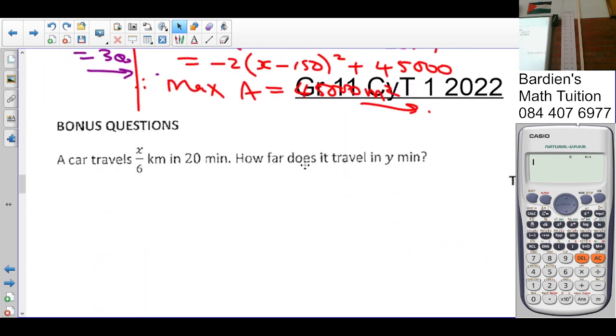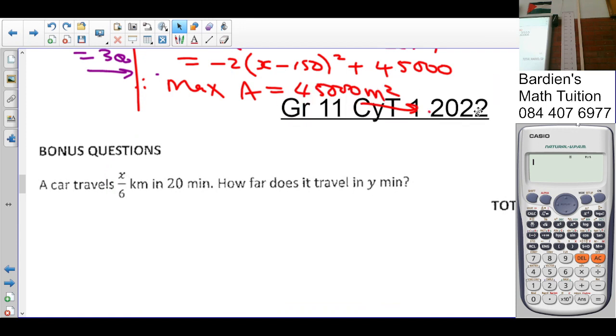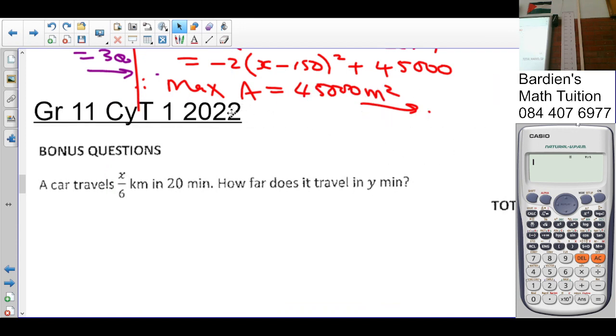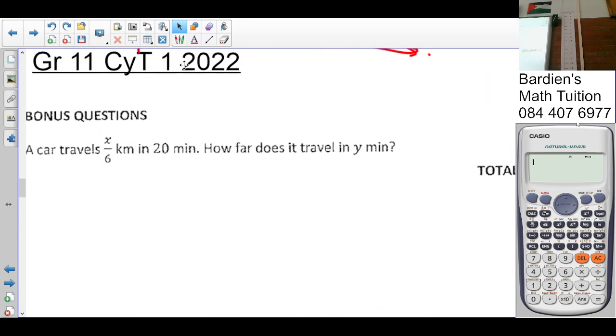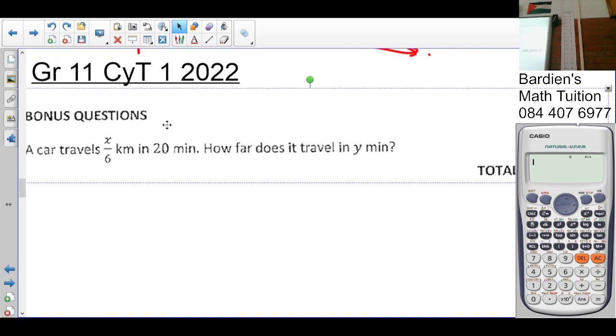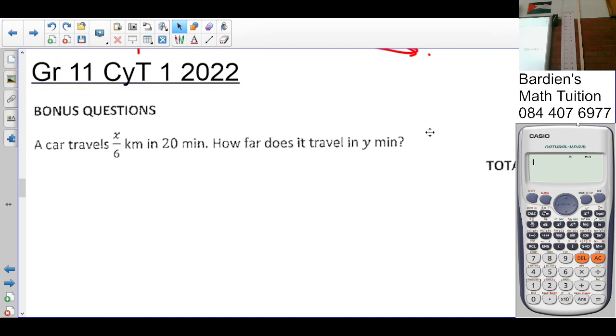The last one. The bonus question. Okay, always try and answer the bonus question. It's 3 marks. We are told a car travels x over 6 kilometers in 20 minutes. So how far does it travel in 1 minute?